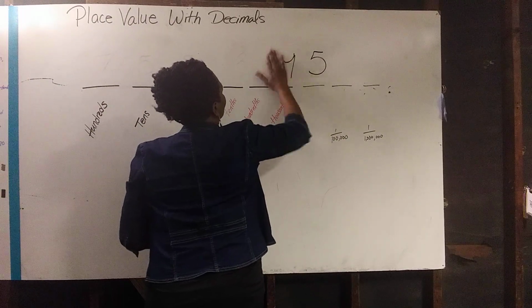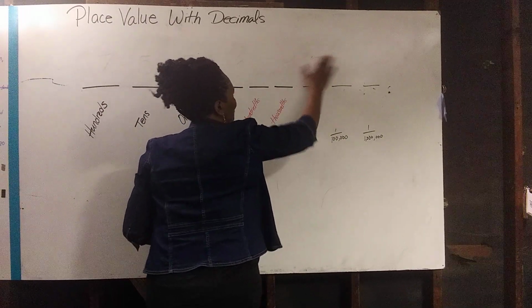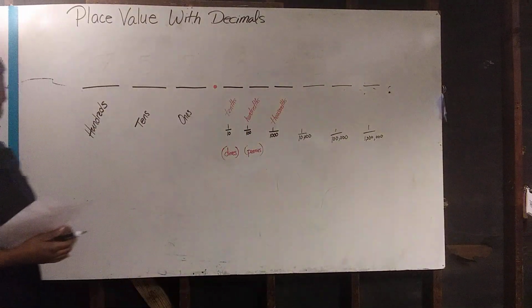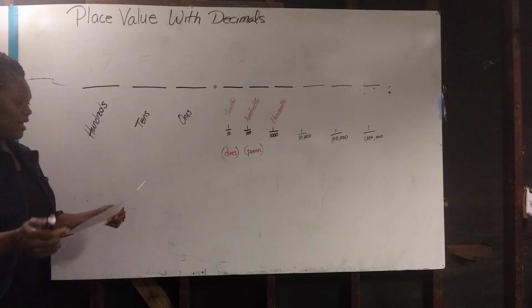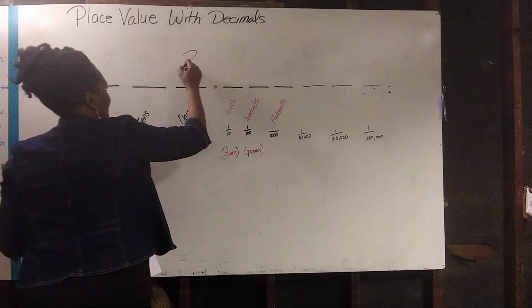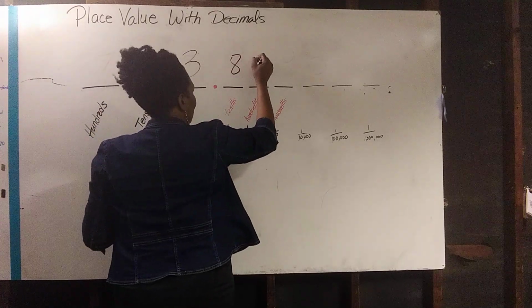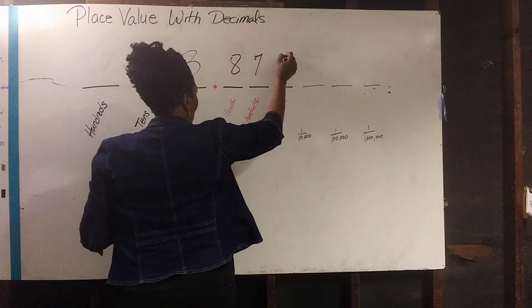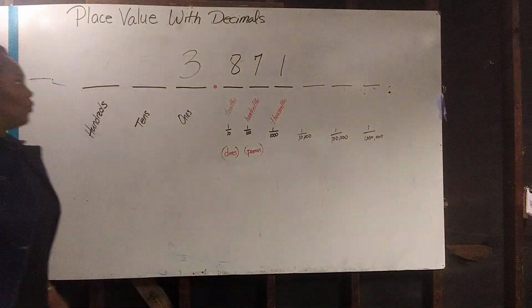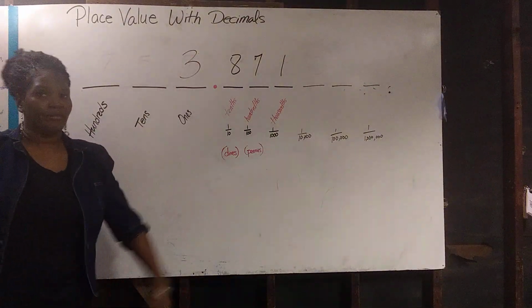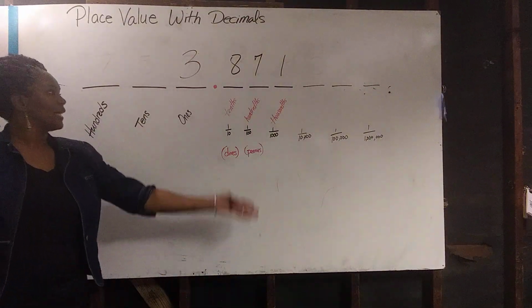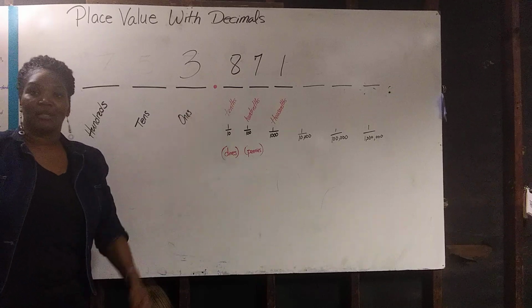Miss Wilson actually does have an eraser somewhere, but I don't know where I put it at this moment. Let's look at this number, 3.871. We can say 3.871, and if you pronounce it like that, that is perfectly fine.